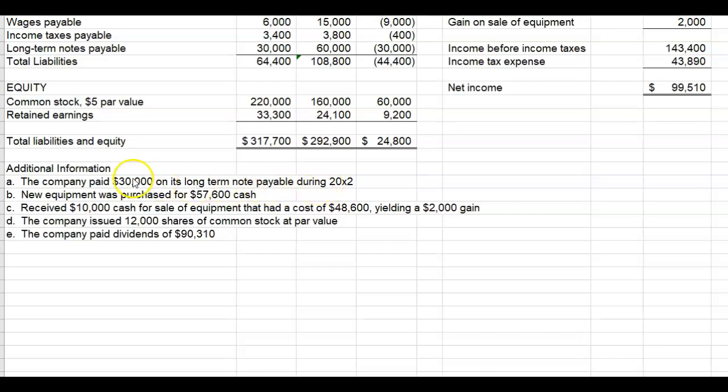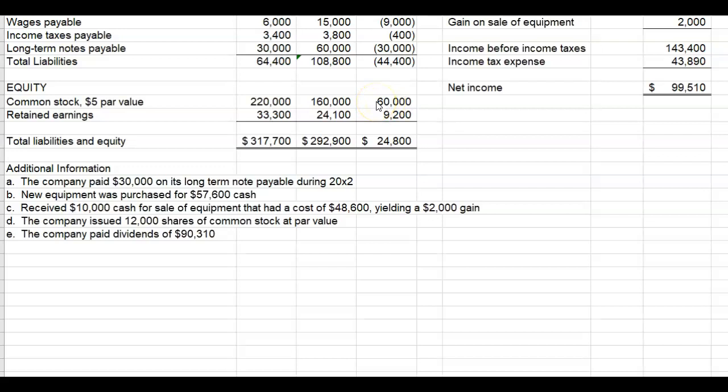Let's see if there's anything else that applies to the financing section. Again, we're looking for changes in long-term liabilities that resulted from a cash transaction and changes in equity that resulted from a cash transaction. And it looks like common stock changed by $60,000.